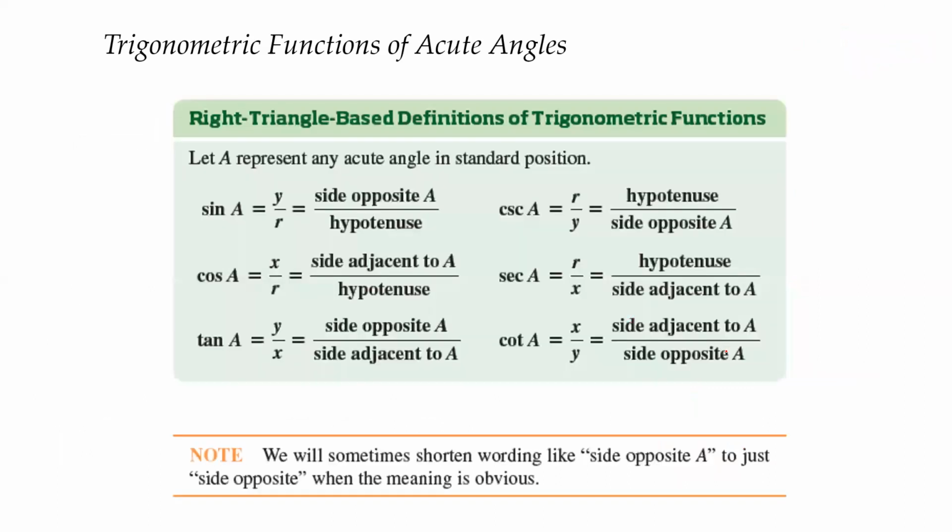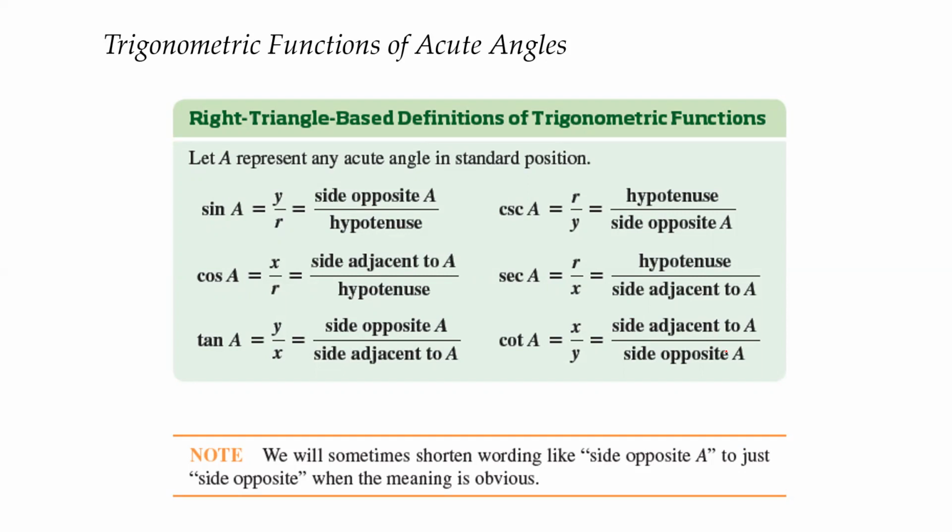And to summarize all of that, the right triangle-based definitions of trigonometric functions, we let A represent any acute angle in standard position. So sine A is equal to, sine is y over r, right? So that is side opposite to A divided by the hypotenuse, which we have derived a while ago. And then cosine A is x over r. It is equal to the side adjacent to A divided by the hypotenuse.